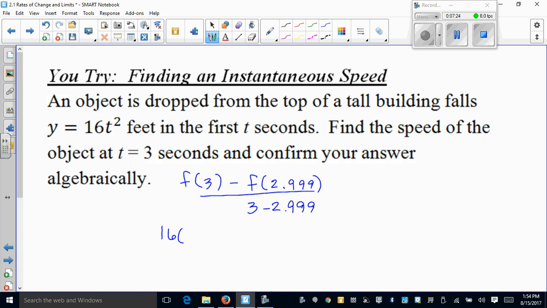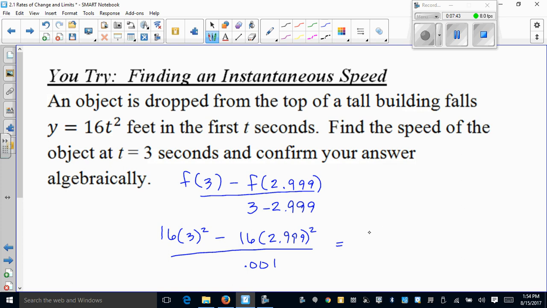So we have 16 times 3 squared minus 16 times 2.999 squared, and the denominator gives you 0.001.